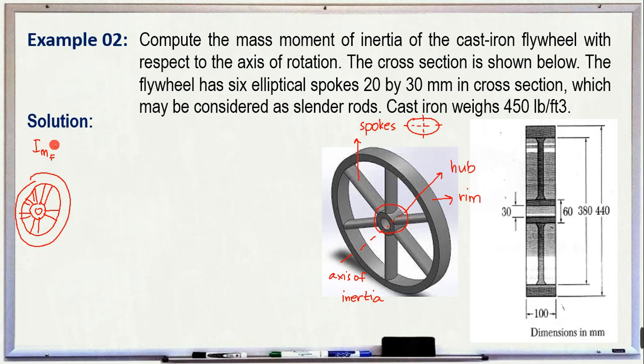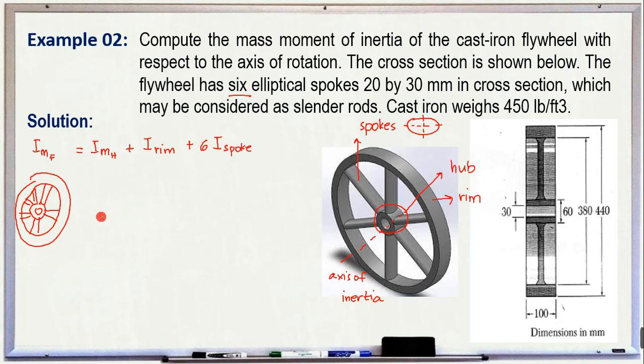So, again, going back to our equation, the mass moment of inertia of our flywheel is equal to first the mass moment of inertia of our hub H plus the mass moment of inertia of our rim plus, okay, 6 spokes. We have 6 elliptical spokes placed evenly around the hub, so 6 times the mass moment of inertia of the spoke.